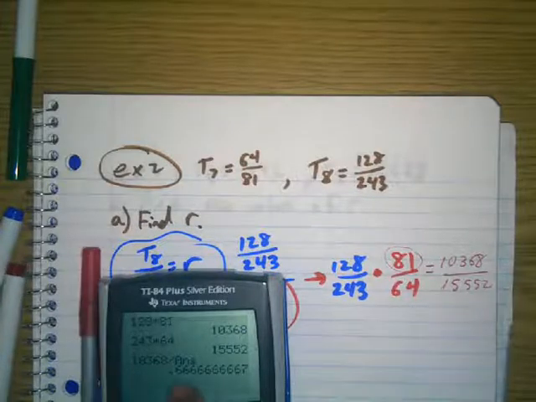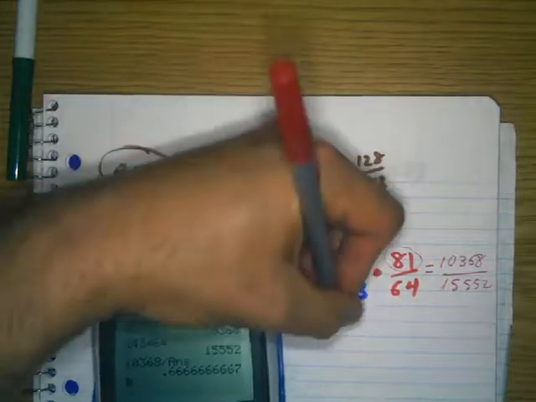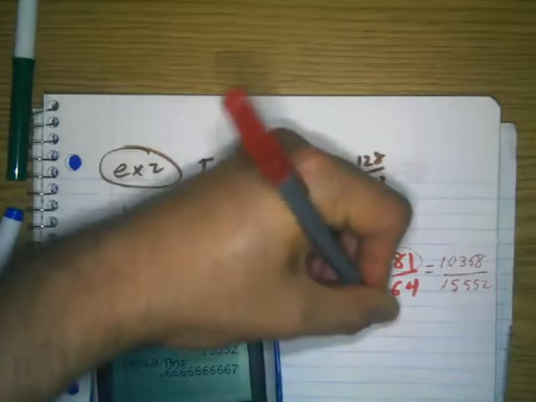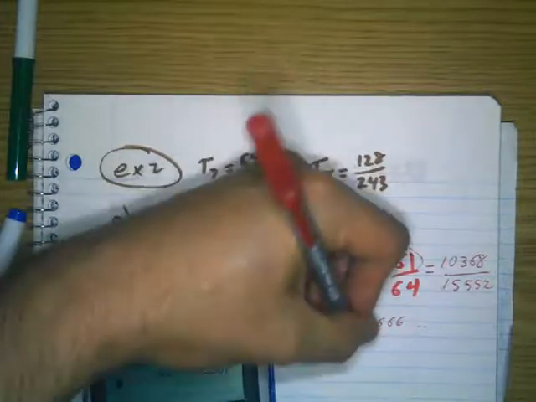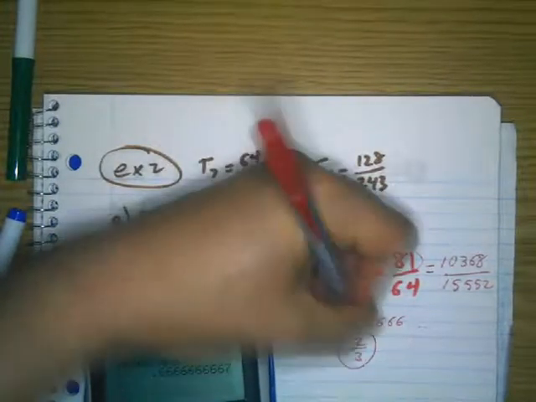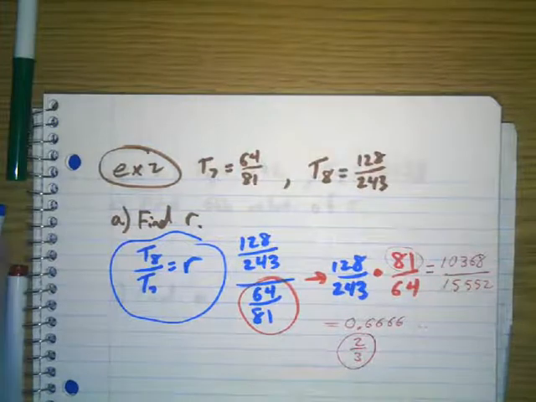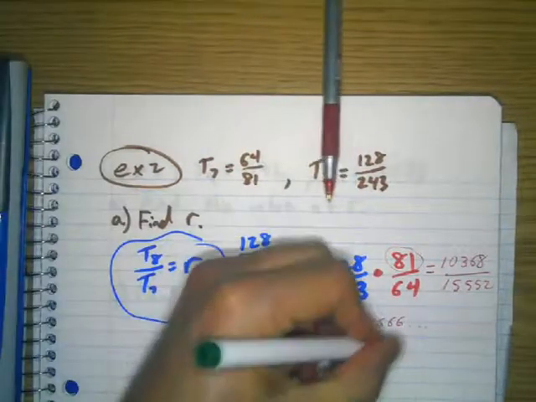That gives .66 repeating, and you know what that is. That's 2/3, right? So we know that r is equal to 2/3.